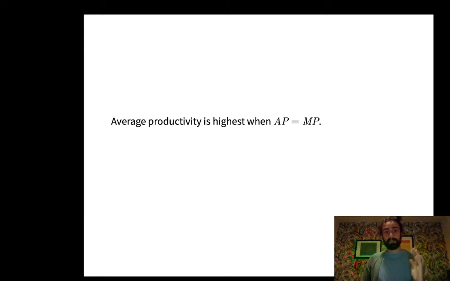Think about the derivative of average productivity. It has to be flat. The average productivity has to not change if it's at a local maximum. So local maximums of average productivity are where the average productivity is equal to the marginal productivity. You can prove that using the algebraic relations on first order conditions if you feel inclined, and maybe that will be a homework question.